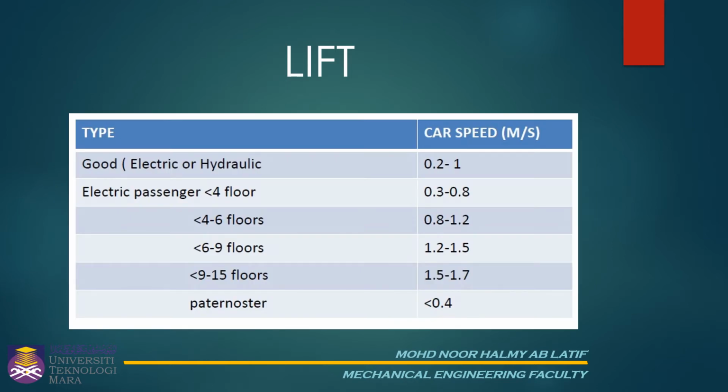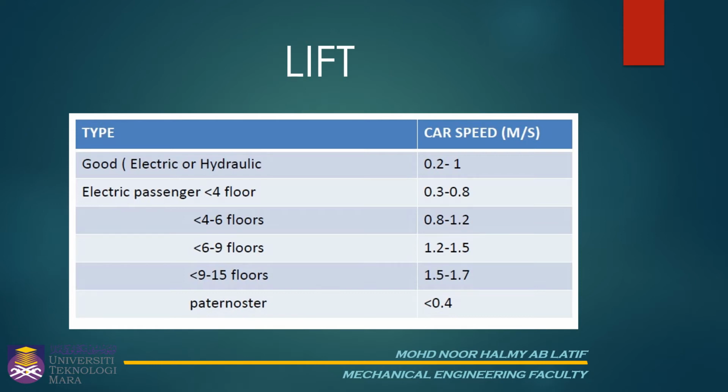This is the suggested car speed for lift. For good electric or hydraulic lifts, the car speed moves at 0.2 to 1 meter per second. For electric passenger lifts of less than 4 floors, the car speed is 0.3 up to 0.8 meter per second.